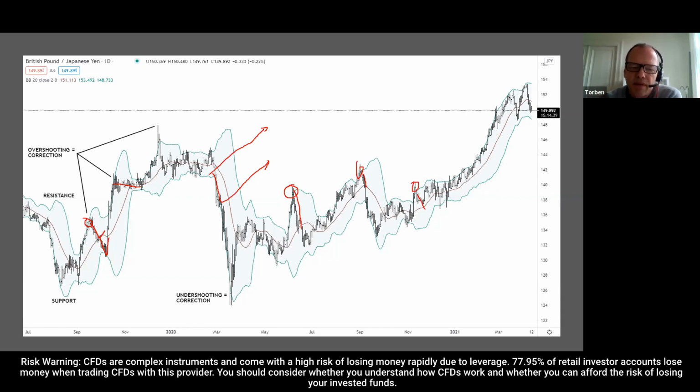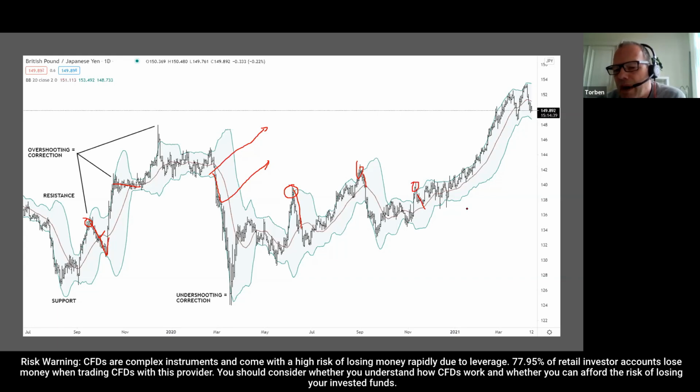If I'm looking at the Bollinger Band, what's interesting for me is the lines. This is the 20 moving average, and then you have the two standard deviation down here and the two standard deviation higher here.